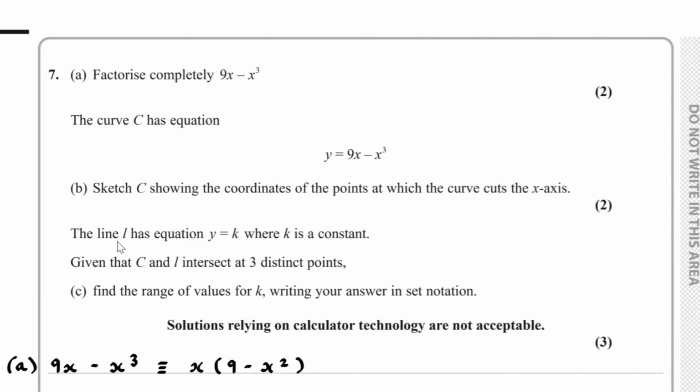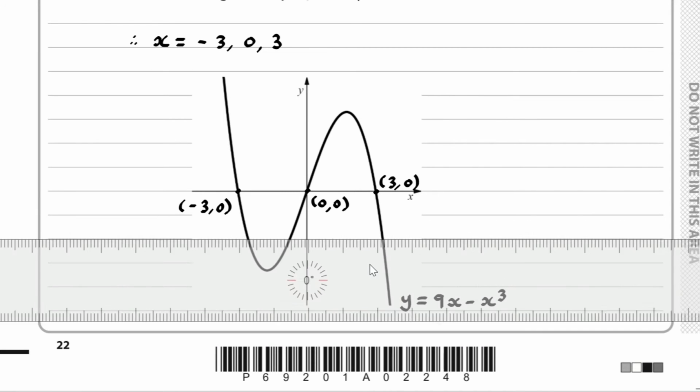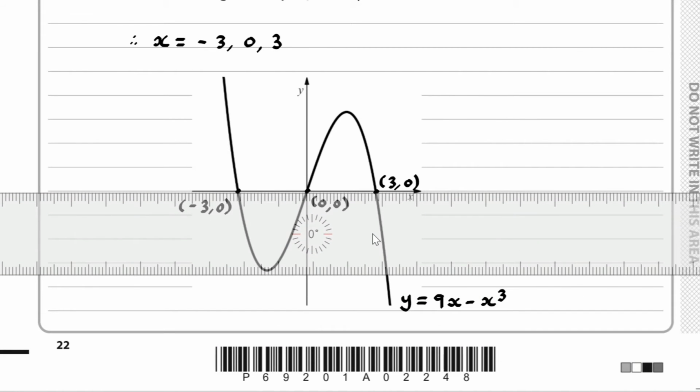For part C of the question, the line L has equation y equals k, where k is a constant, and given that C and L intersect at 3 points, for part C we have to find the range of values for k, writing your answer in set notation. Now, if it intersects at 3 distinct points, then it intersects here, here, and here.